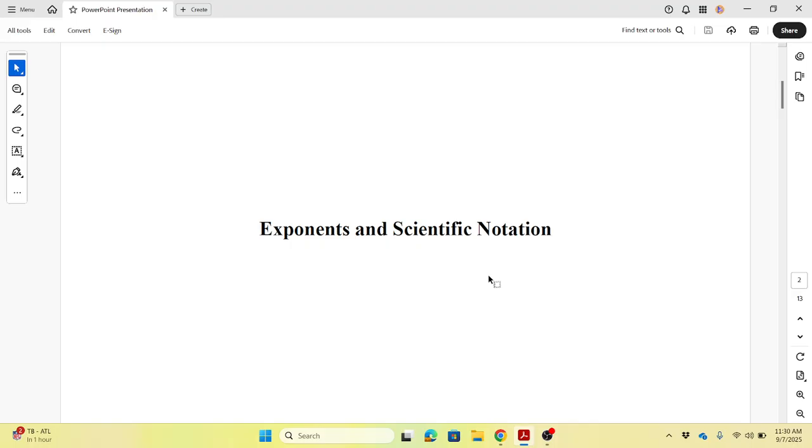Sometimes we might have a very huge number, and instead of using all those zeros, we try to write those numbers in a different notation, and that's scientific notation. Whenever we express numbers in scientific notation, we also have to be careful with the exponents and the rules of exponents.